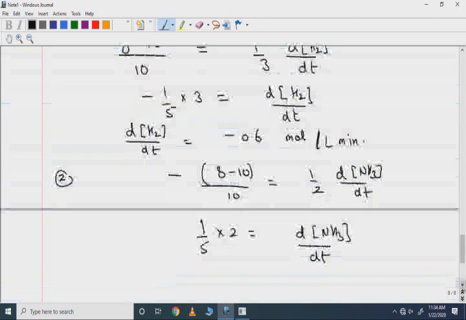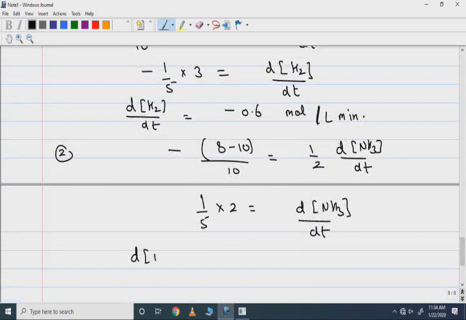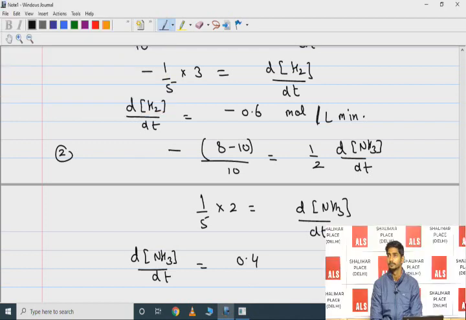So the answer for this one will be 0.4. How many of you has got the same answers? Okay, this was the first question. Copy and then I'll give you the another one.